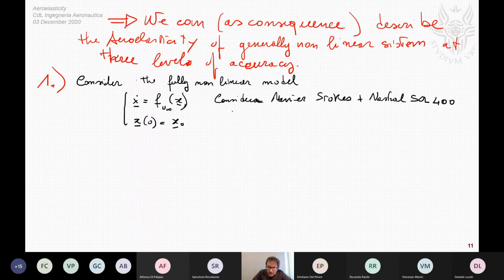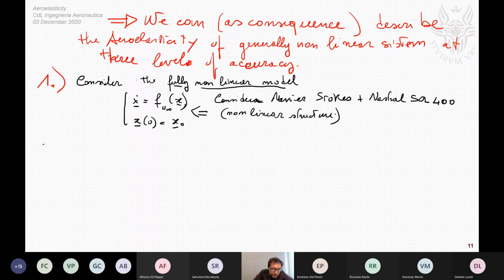Nastran SOL 400 is the solver for nonlinear structures. This kind of solver at the end will take into account an evolutive model, which could be reduced in this form. And this is the fully nonlinear model.